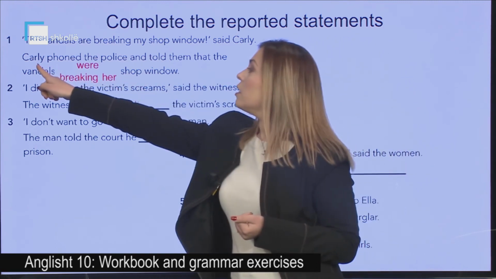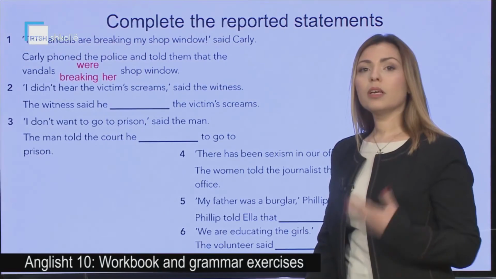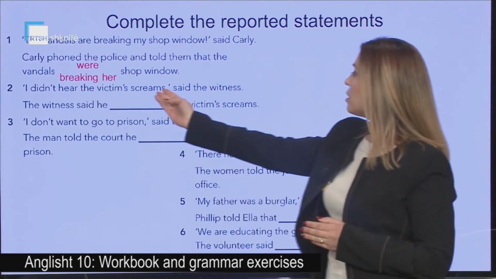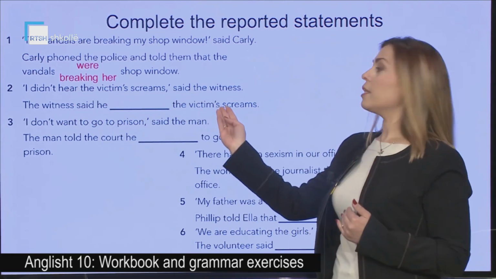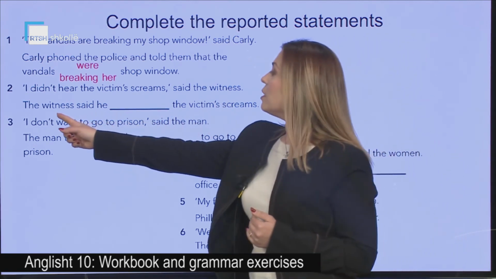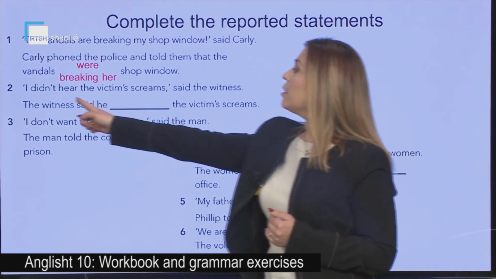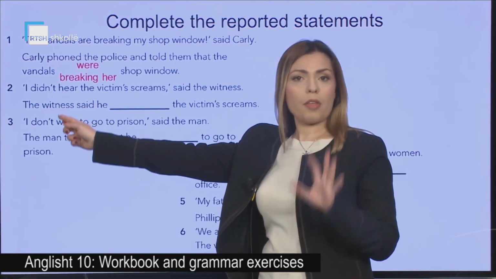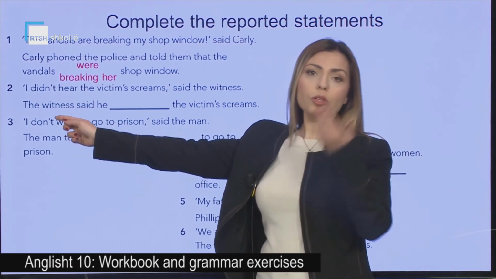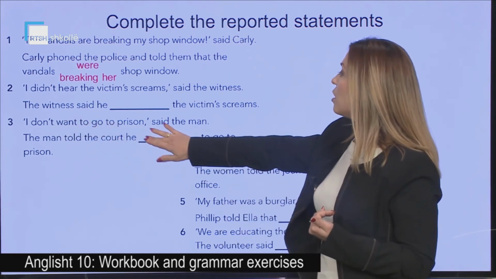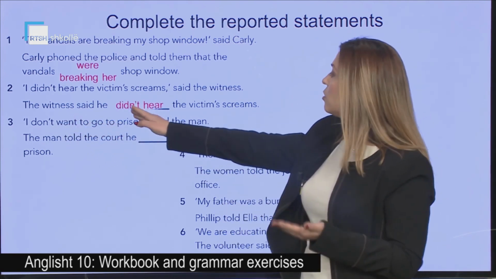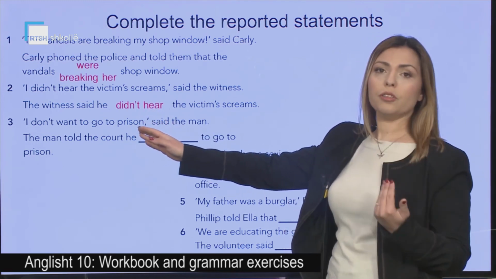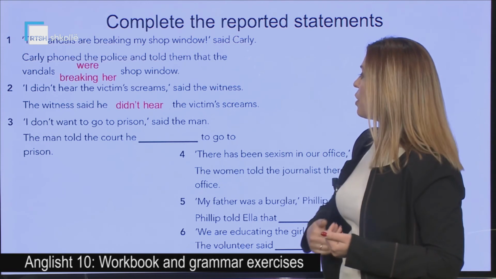It's Carla speaking, so her. Number 2. I didn't hear the victim's screams, said the witness. The witness said he didn't hear. This is in the past. So either you can leave it as it is or you can put it in the past perfect. So he didn't hear, or you can even say he hadn't heard the victim's screams.